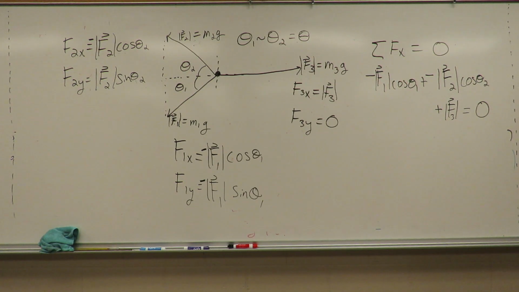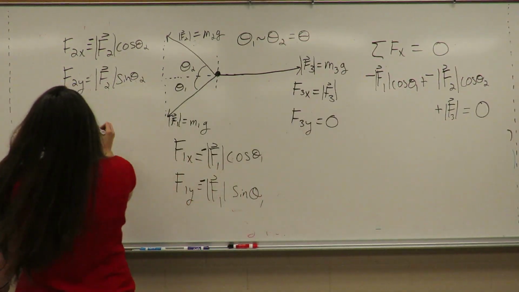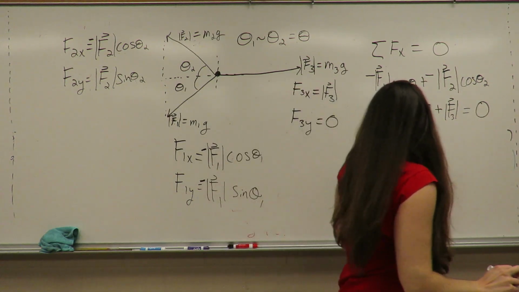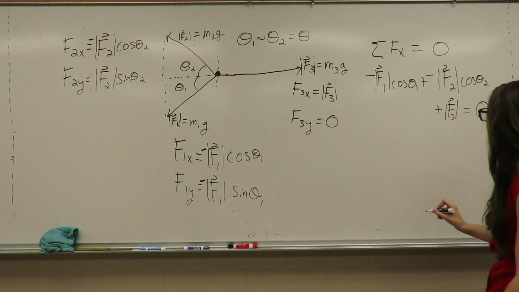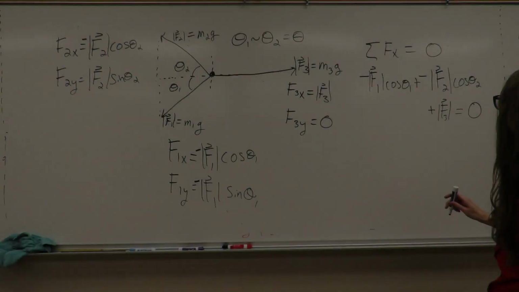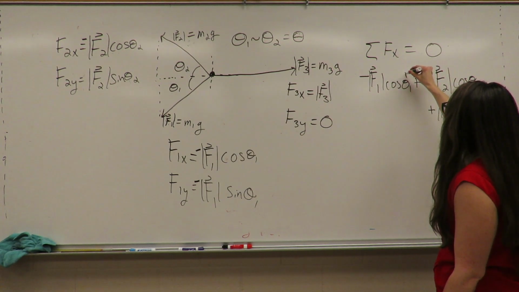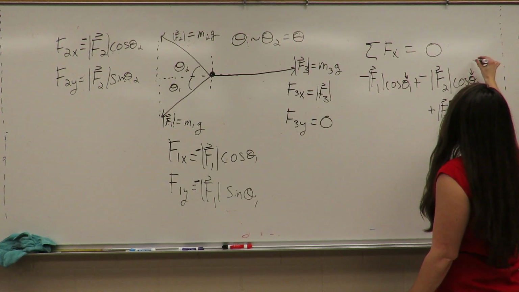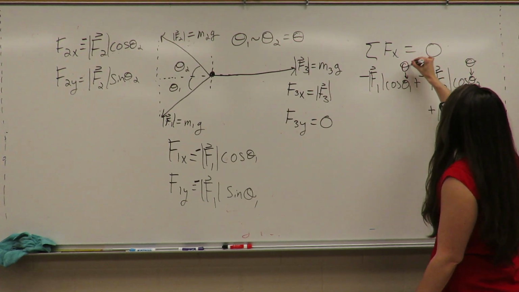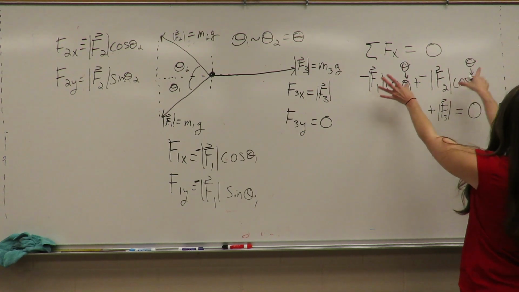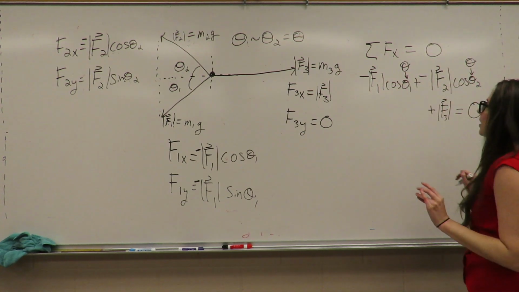Okay? And I know that, remember that here we have theta 1 is equal to theta 2 is equal to theta. So I could rewrite this equation as, in this next step, substitute in everywhere I see theta 1 or theta 2. I'm just going to call that theta because they're both the same. And I'm going to move both of these two terms here to the other side of the equal sign.